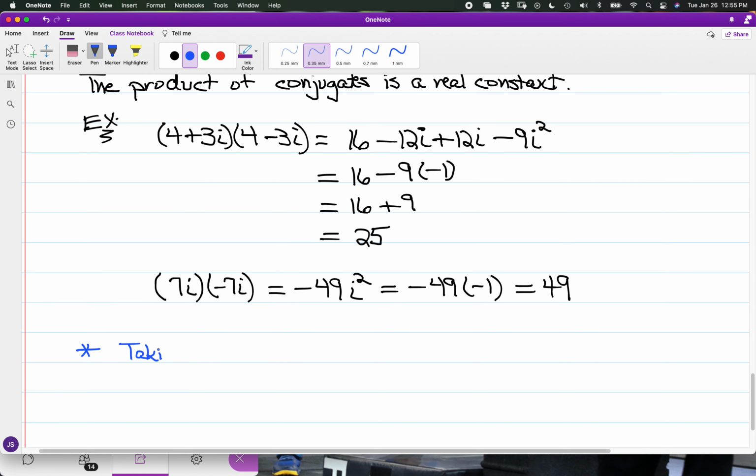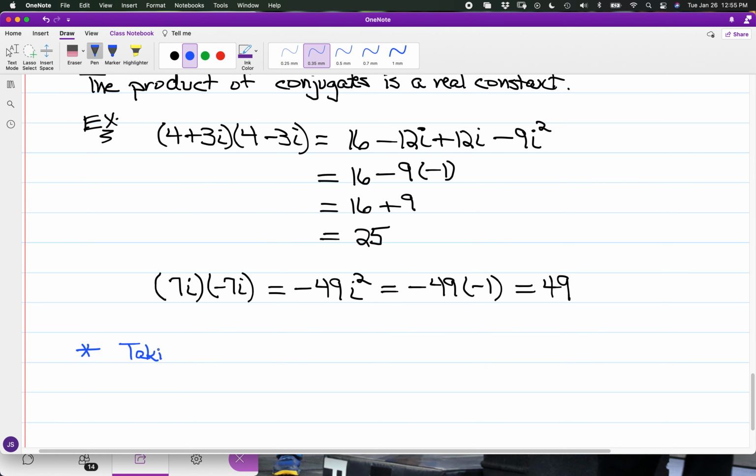And we'll say that if we have, for instance, if I were to write in a plus bi form, and let's say I have a complex number fraction, 2 over 3 plus i.